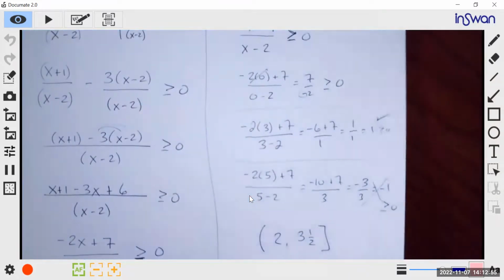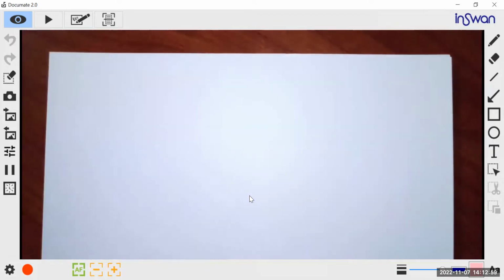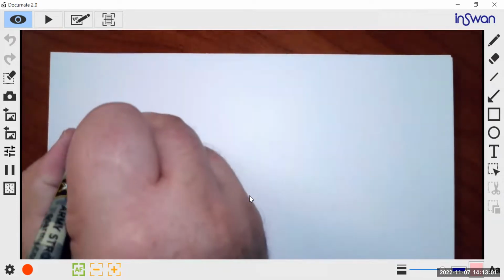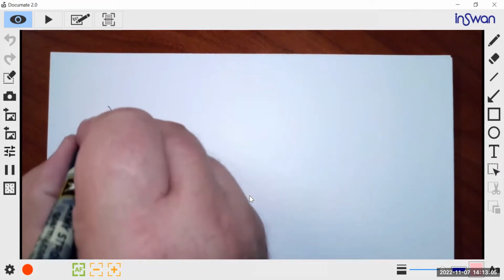Let's try another one. Let's try this one with 2 fractions on both sides. Ooh. Let's try this one.